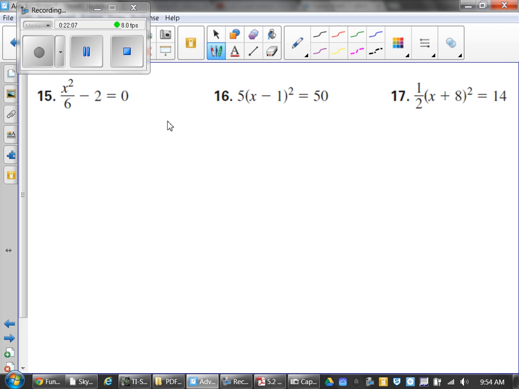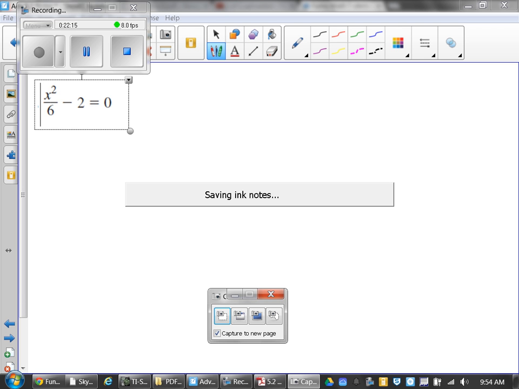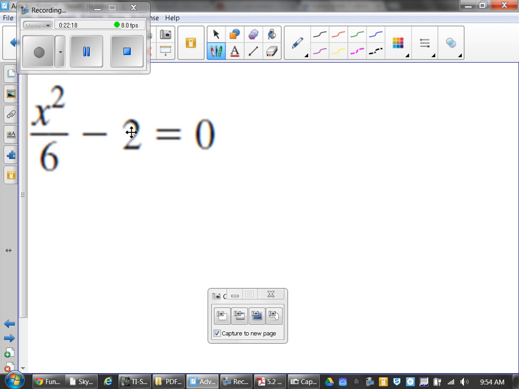Okay. Let's do another one. We'll throw another fraction one in there, see if you remember how to work with fractions.